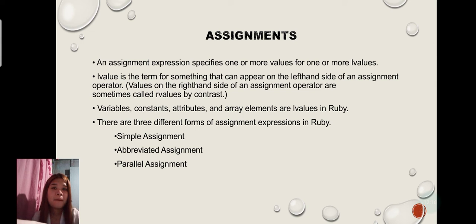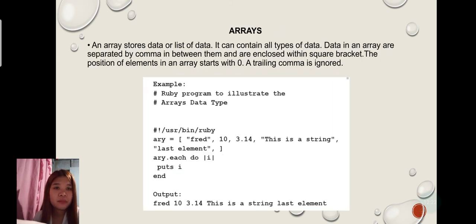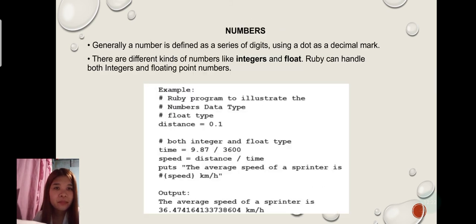Values on the right-hand side of an assignment operator are sometimes called R values by contrast. So, for example, distance is equals to 0.1, ang L value ani is kaning distance, and ang R value ani is kaning 0.1, then separated ra sila sa equal operator.